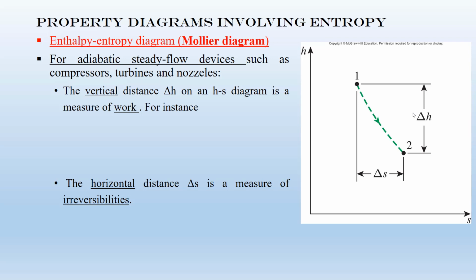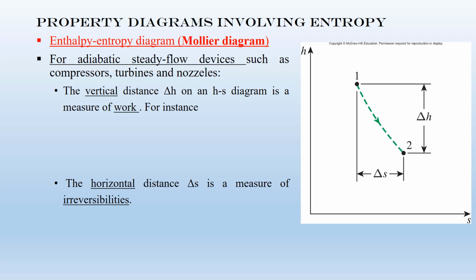So the area on the TS curve represents the heat transfer rate for internally reversible processes. The second diagram is the Mollier diagram. The Mollier diagram, guys, is the diagram for H versus S. So, if you have adiabatic steady flow devices, there are two main specifications: adiabatic and steady flow.